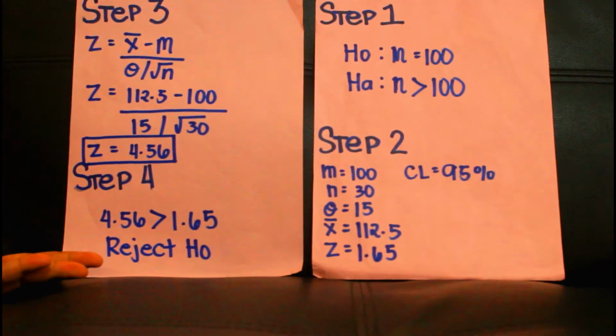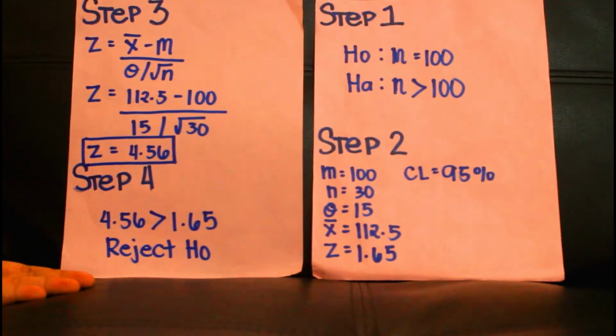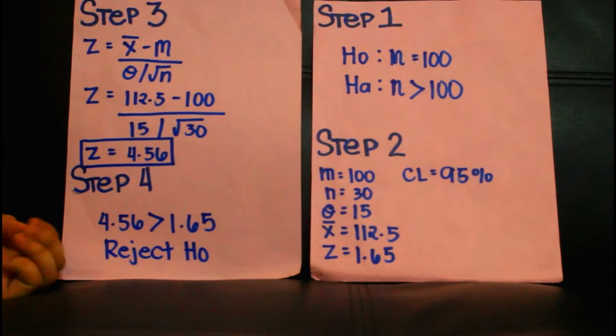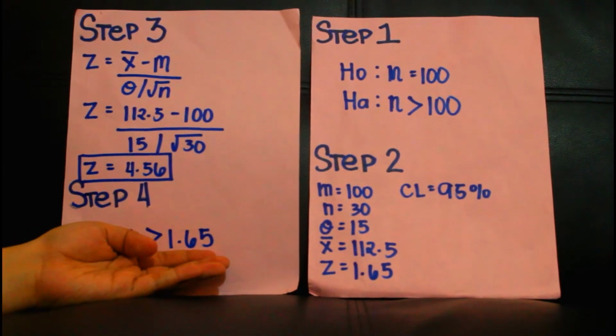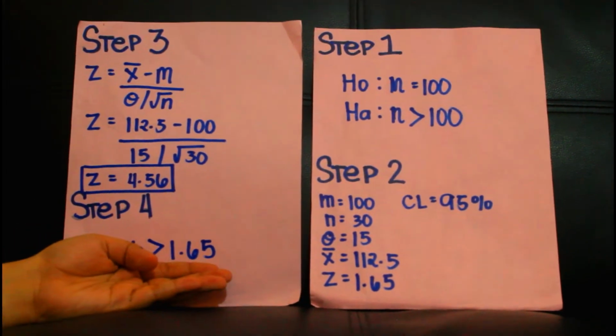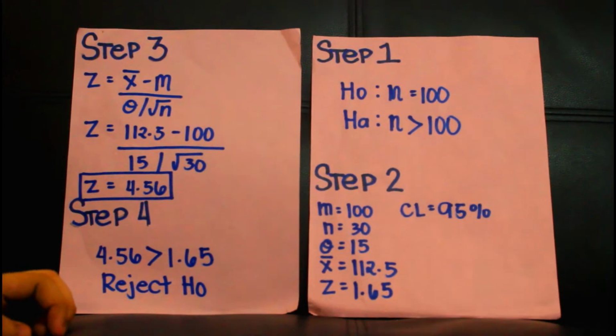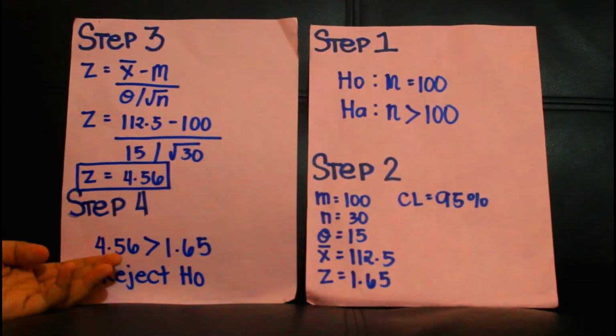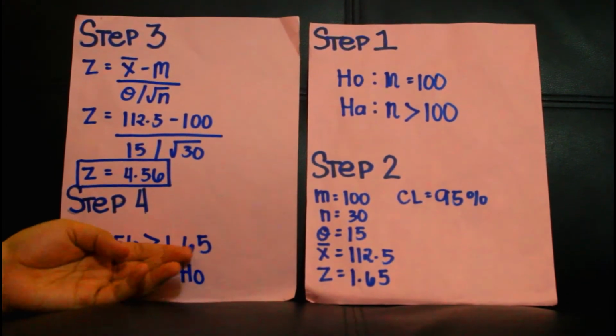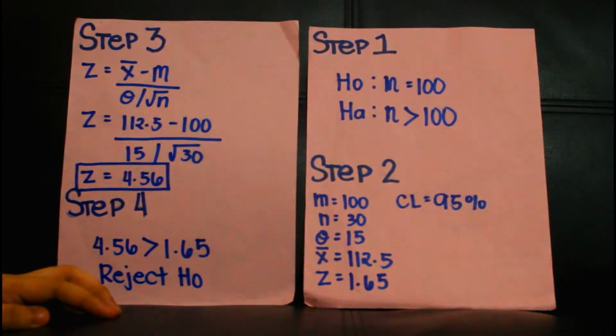Rejected H0. Remember that if the computed value is less than the critical, then the H0 or null is accepted. But if the computed value is greater than the critical, then the null is rejected.